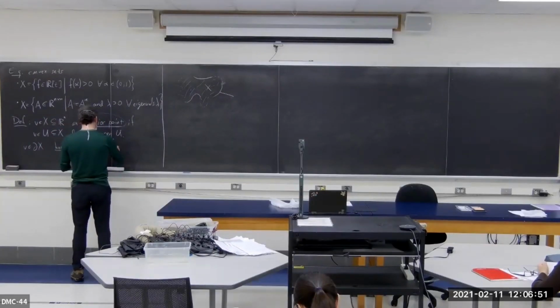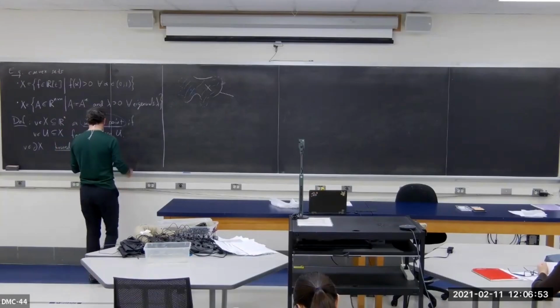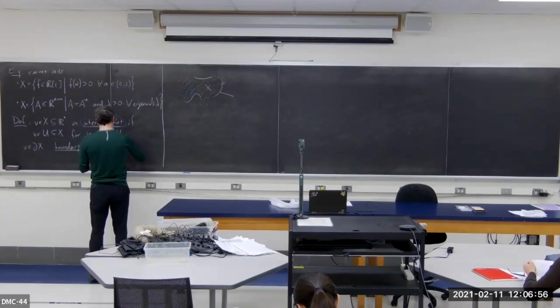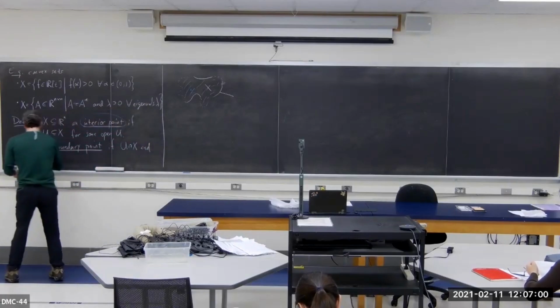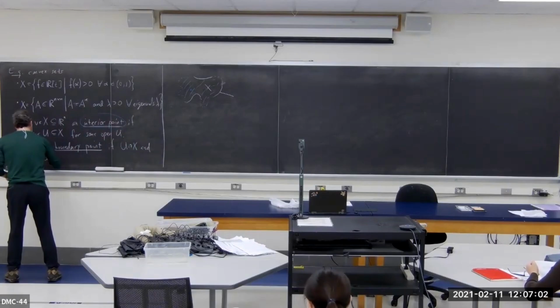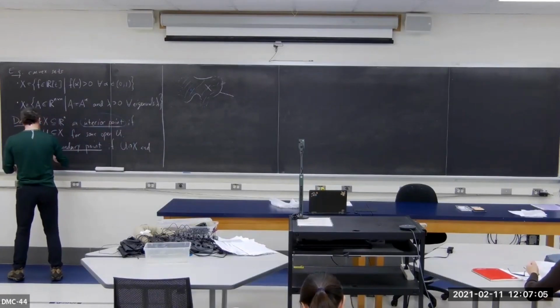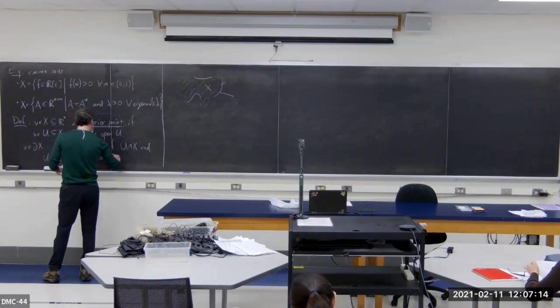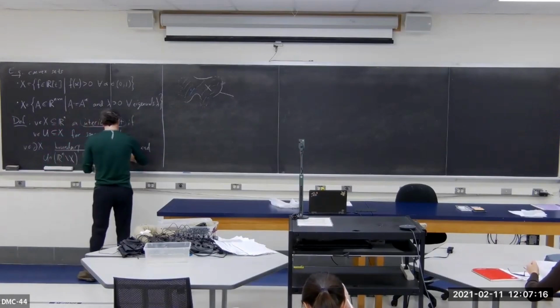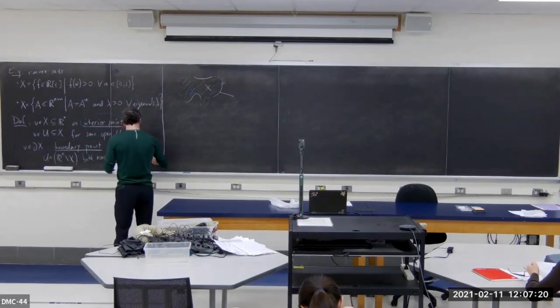That's if you intersect X and you intersect the complement of X, both are non-empty, and that's for all open U containing v.